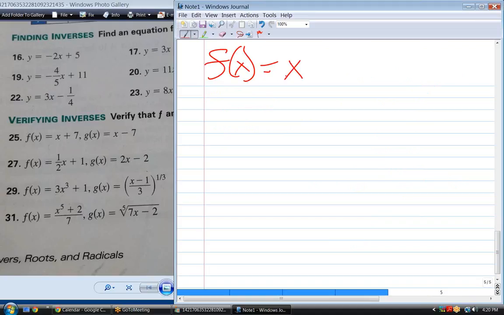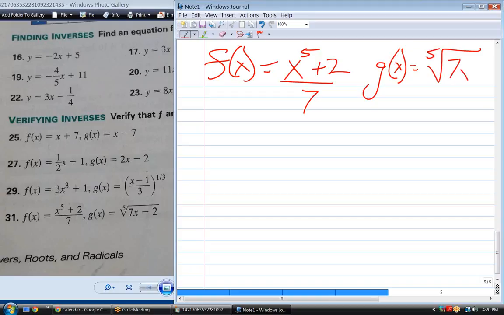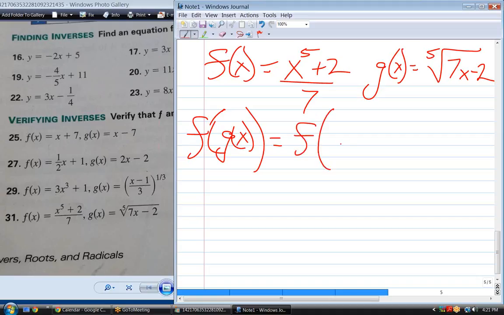F of x equals x to the 5th plus 2 all over 7. G of x equals the 5th root of 7x minus 2. So f of g of x is f of the 5th root of 7x minus 2.